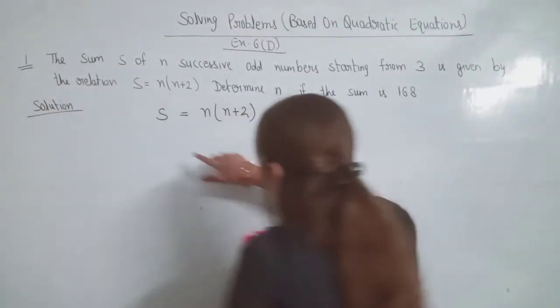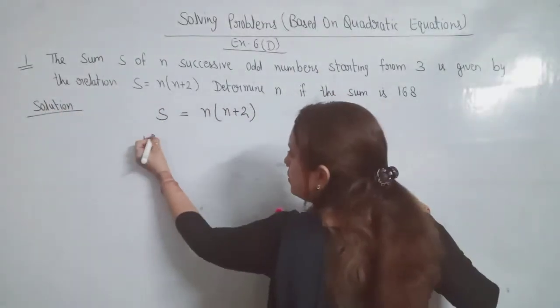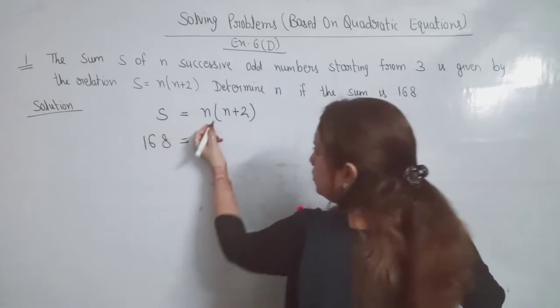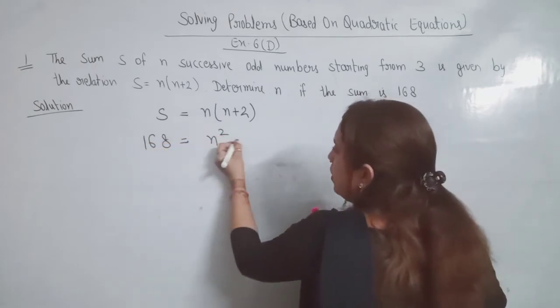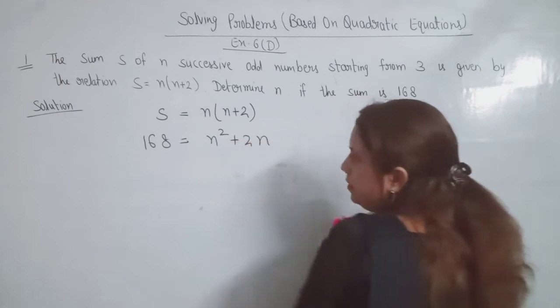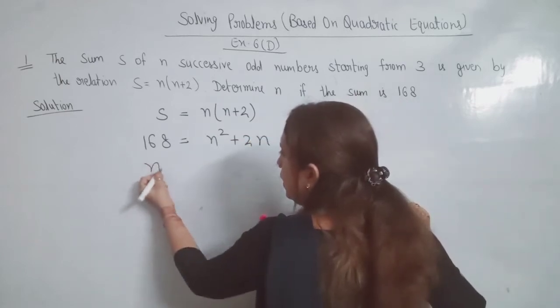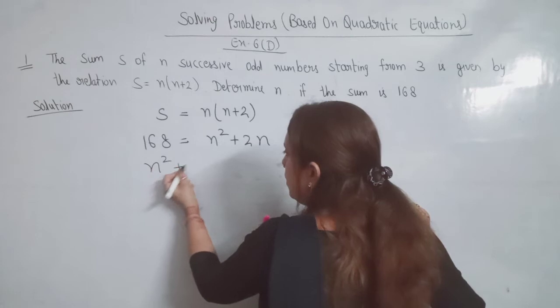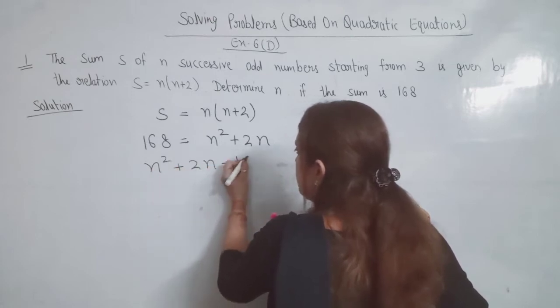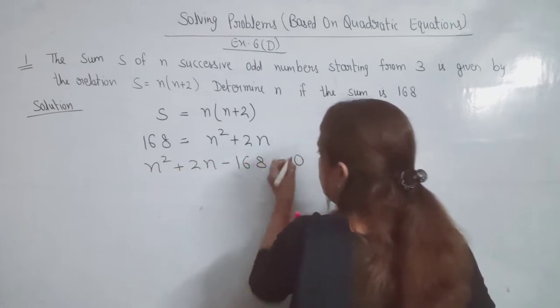So in place of s we can put 168 is equal to n into n, that is n square plus 2n. Now the quadratic equation will be n square plus 2n minus 168 is equal to 0.